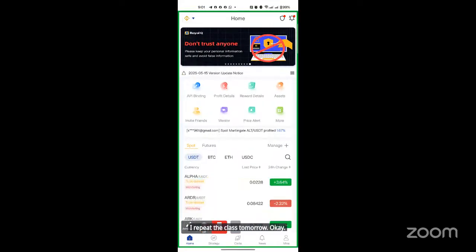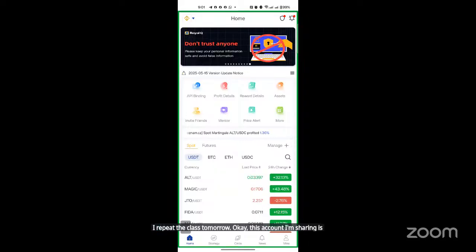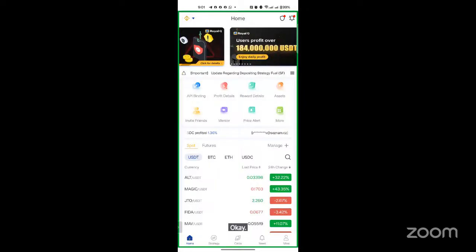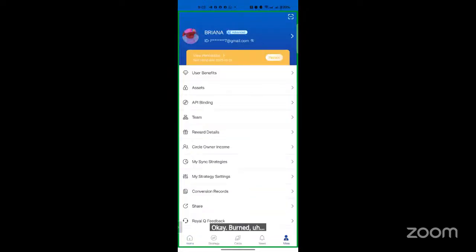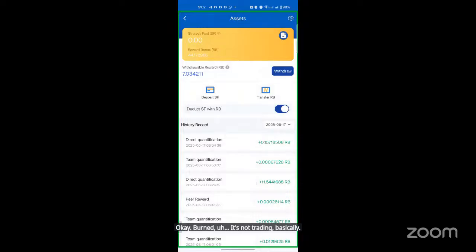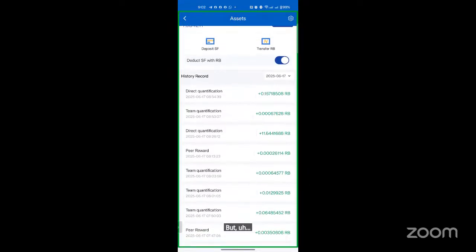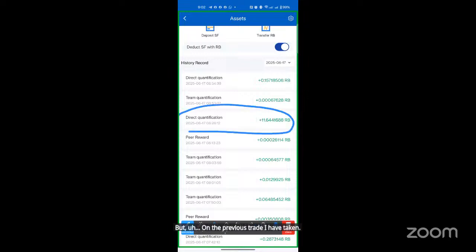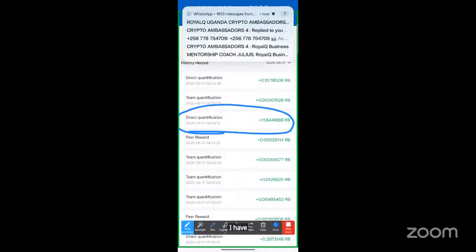Okay, this account I'm sharing is not trading, basically. But on the previous trade I have taken, I have made $11.